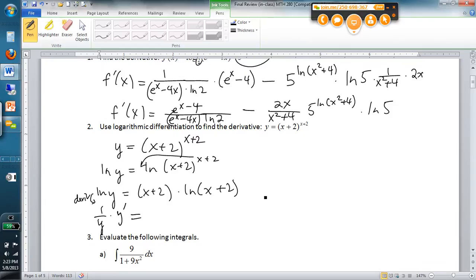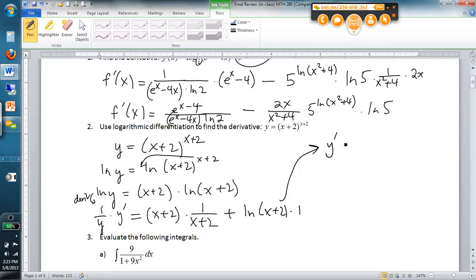Now, side number 2 here, right side, that'd be product rule, first, times the derivative of the second, which again, the ln of x plus 2, the derivative is 1 over x plus 2. And then the second times the derivative of the first, which the derivative of the first is just 1. And so that leaves me, remember what we do after that then? We're just trying to solve for the derivative, so multiply both sides by y.